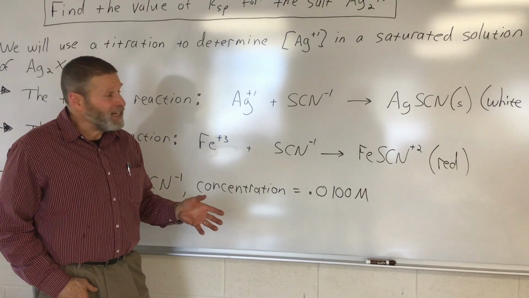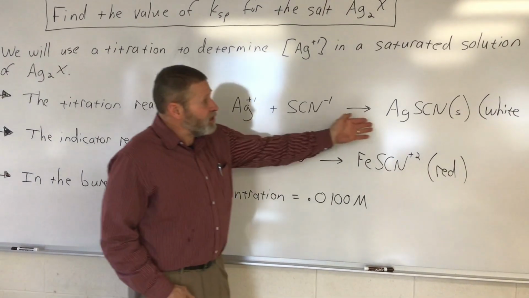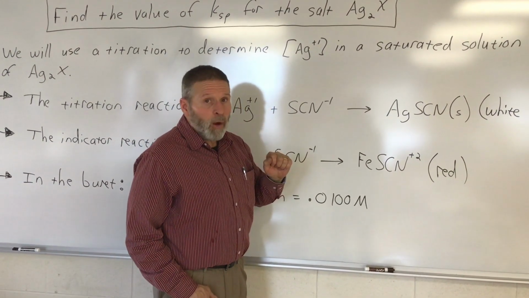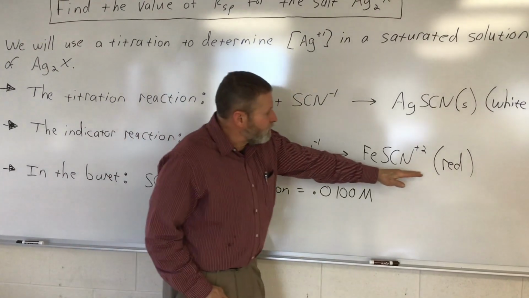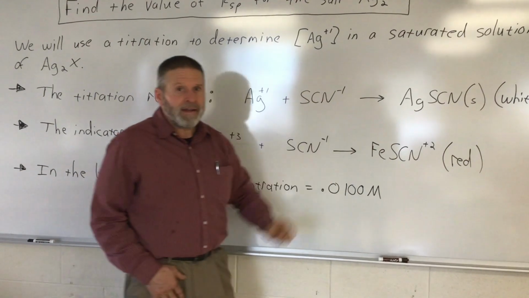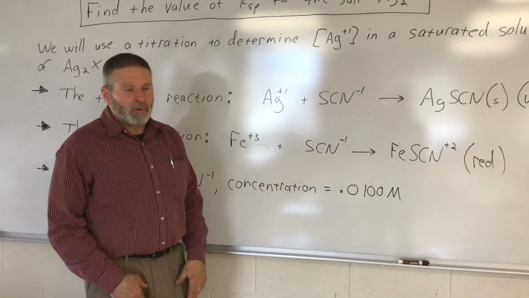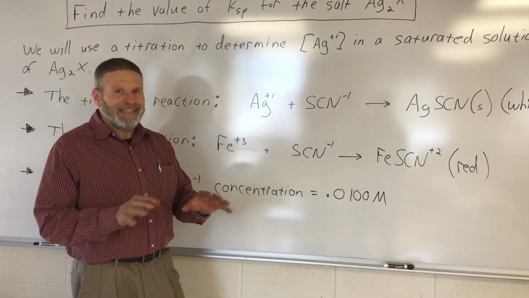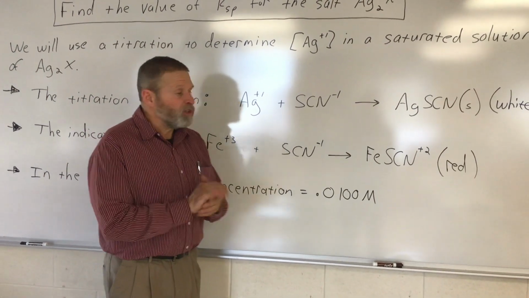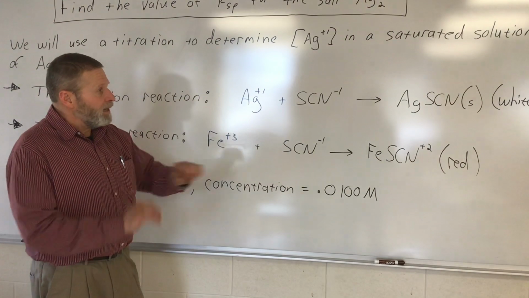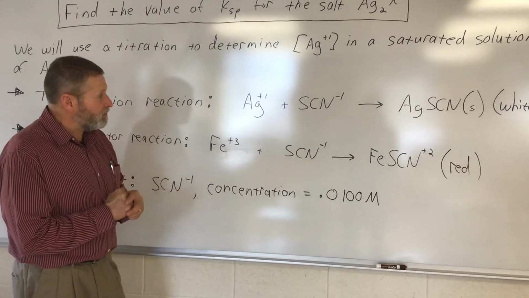It's a little bit of a tricky endpoint because it's going to look like a milky white color from the AgSCN. We're looking for when that first hint of red starts to show up. It goes from being white to kind of a dingy red color. As soon as we see this red showing up, that tells us to stop titrating.